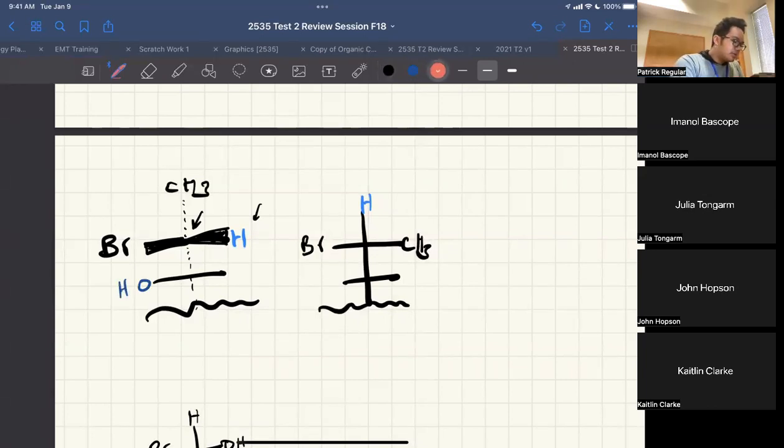Our first priority group would be bromine. Our second priority group would be the carbon right here attached to the oxygen, 2, and then the methyl group would be 3. So that would be 2, 3, that would be S. However, because that H is wedged, we have to change that S into an R.